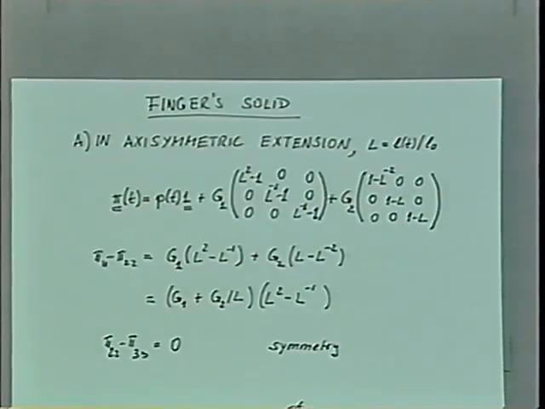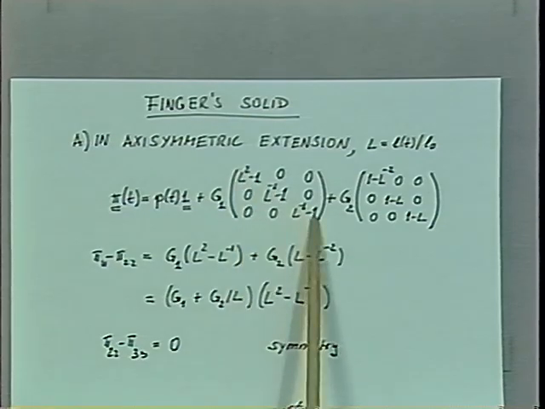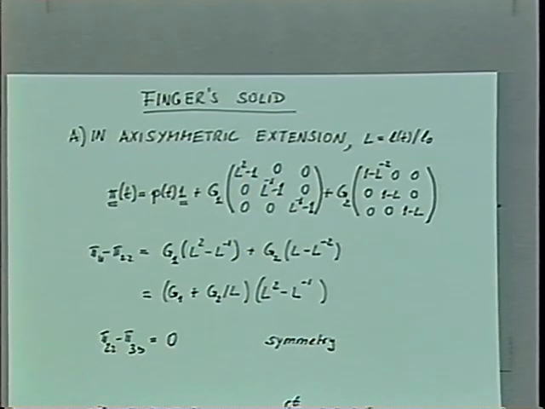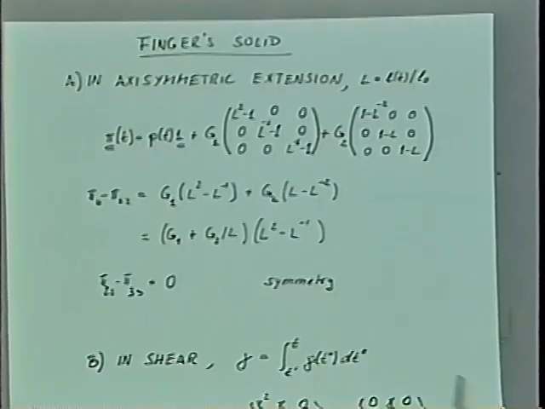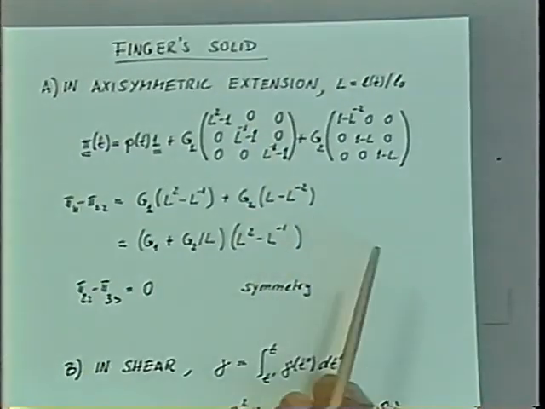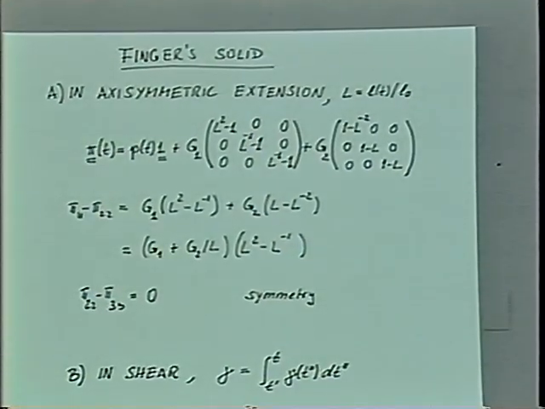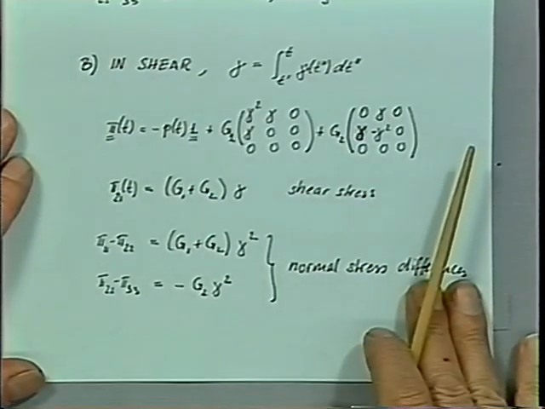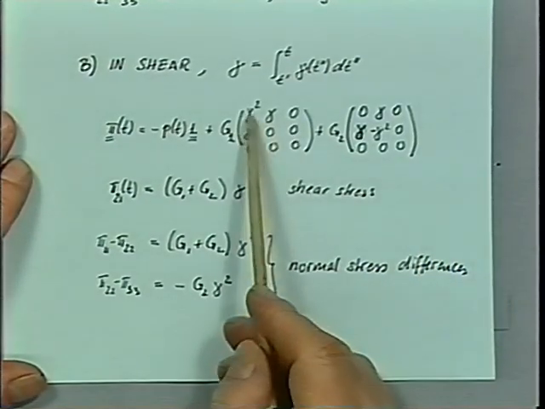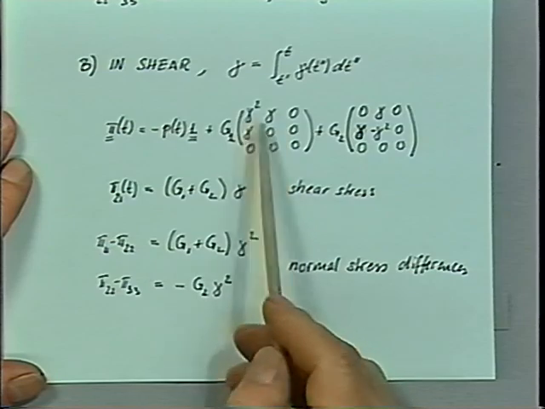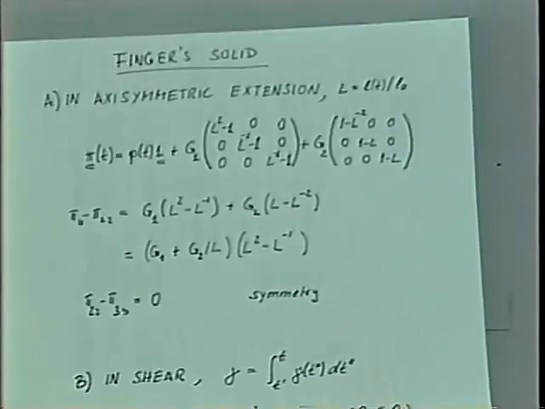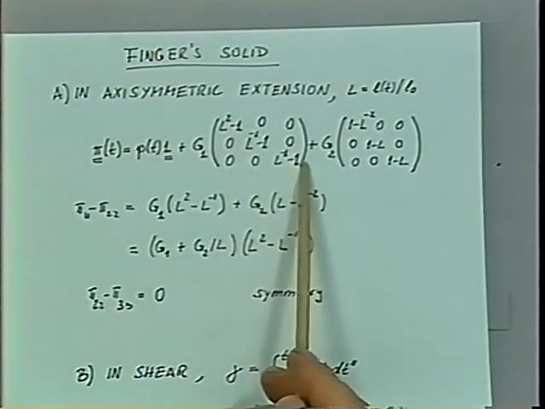Yes? Should there be ones on the diagonal for those Cauchy tensors, Finger strain tensors? Should be where? On the diagonal, where there isn't the gamma, on the shear. Oh no, for the shear we only have an off-diagonal term. Not if we subtract one. I subtracted a unit tensor like here.